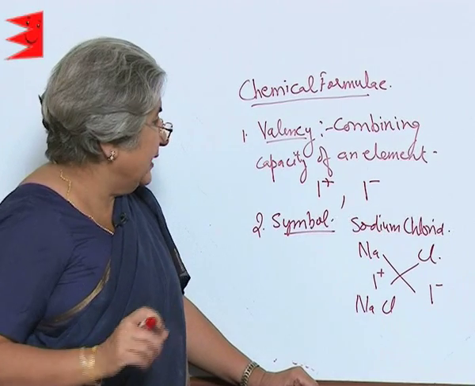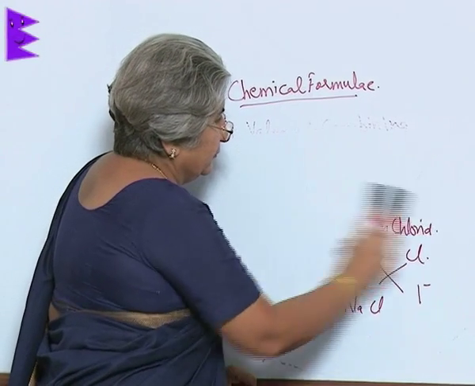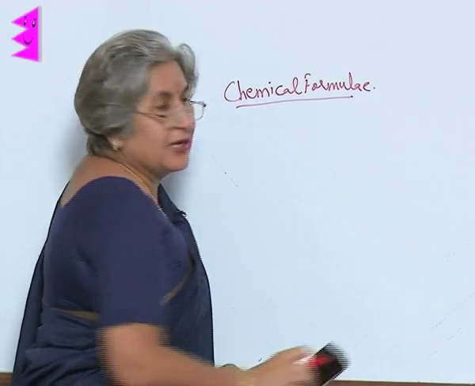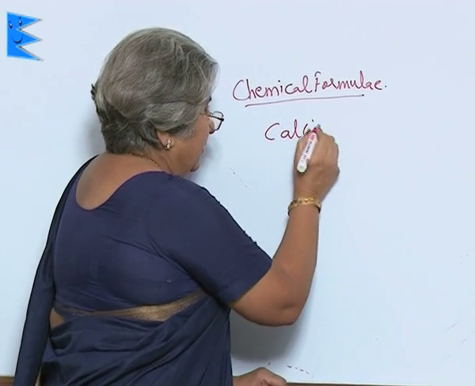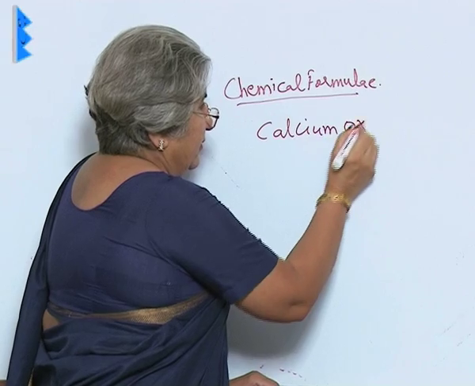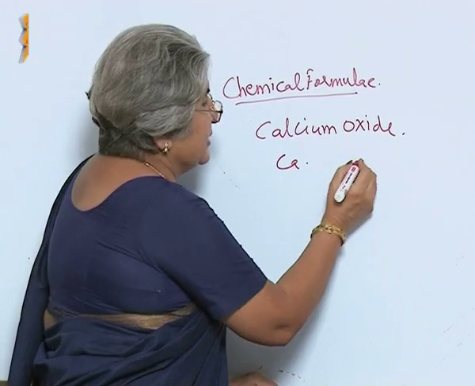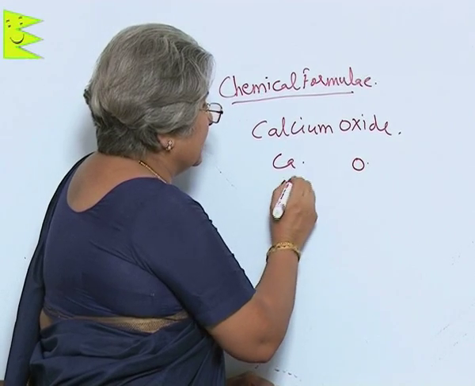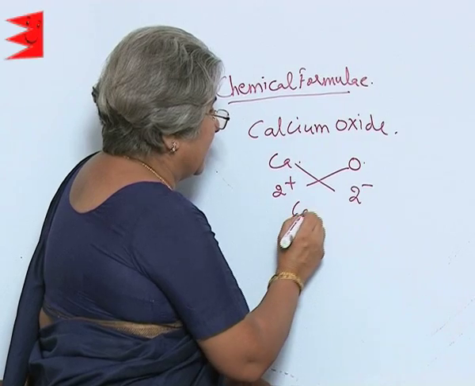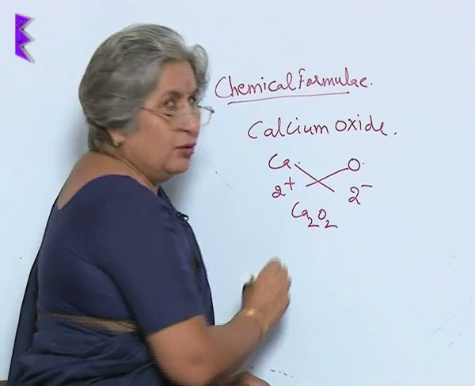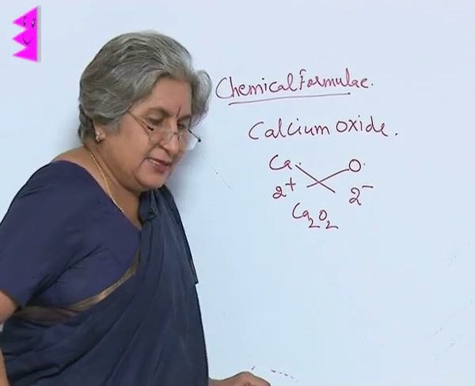For example, in case of calcium oxide, the symbol of calcium is Ca, oxygen is O, this is 2 positive, this is 2 negative. So, when we crisscross it becomes Ca2O2, but because both are equal we write it as CaO.